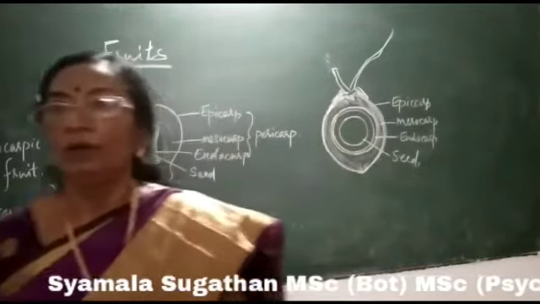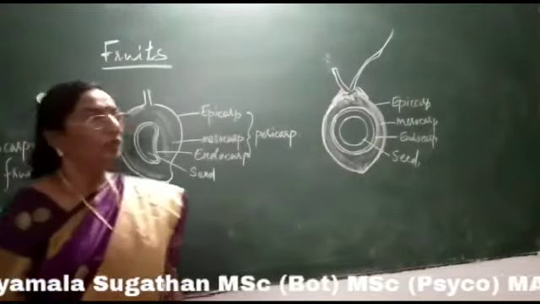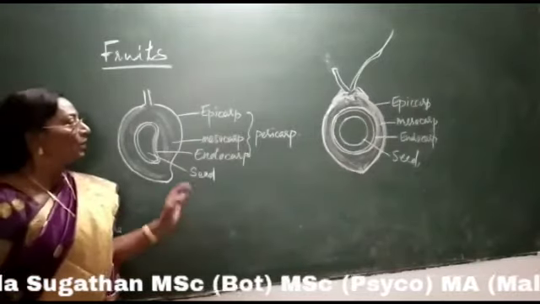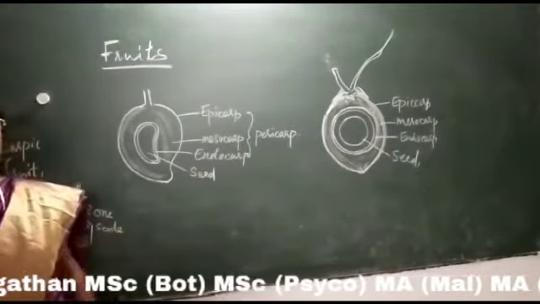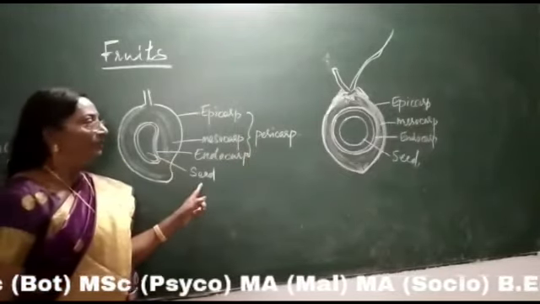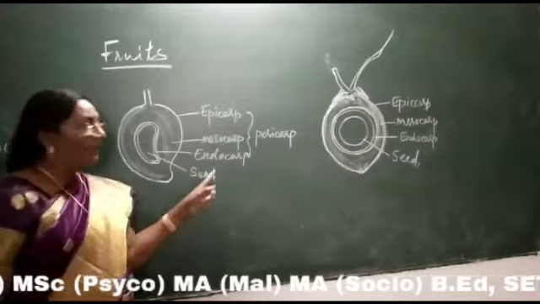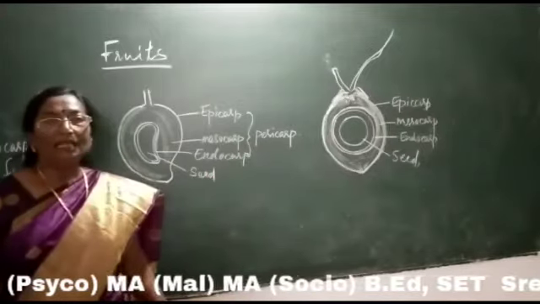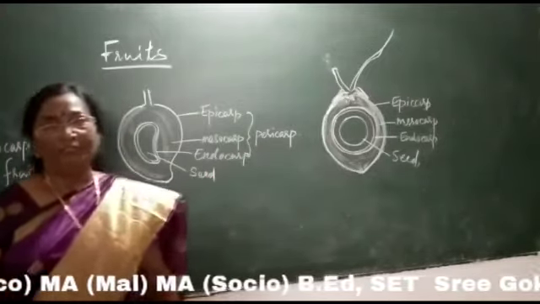In the case of fruit, a typical fruit has two different parts, namely a pericarp and a seed. The pericarp may be dry or fleshy.